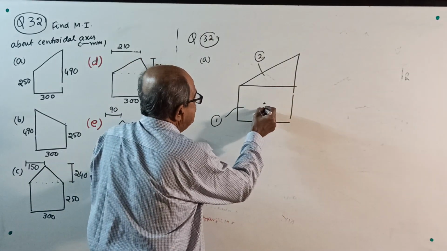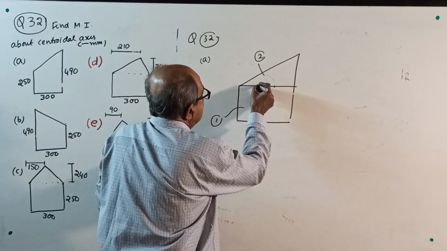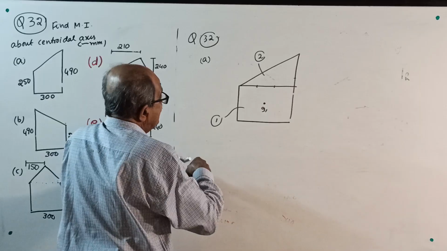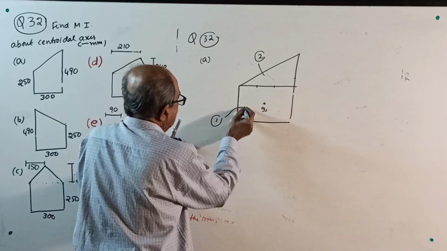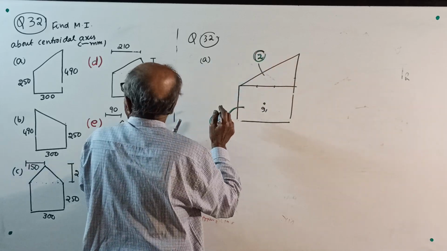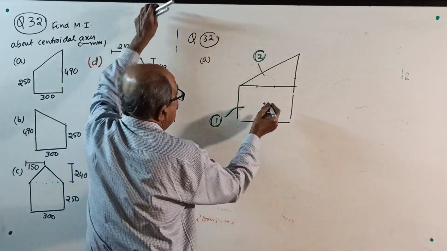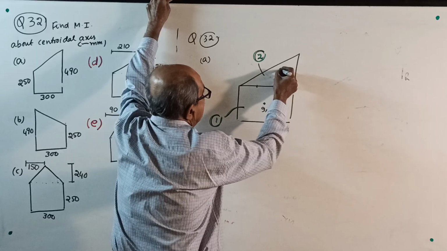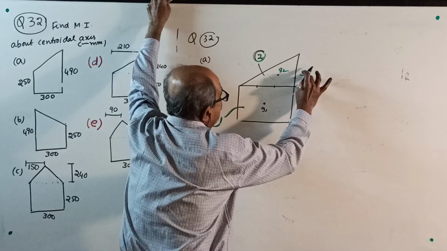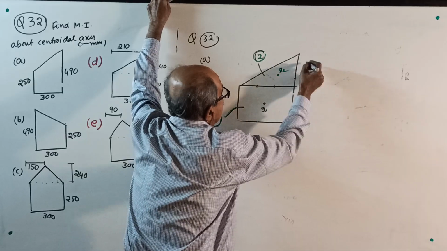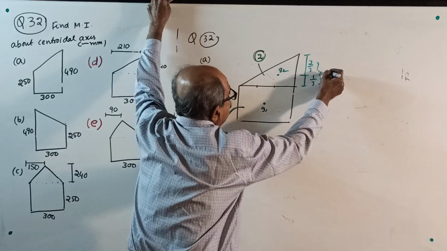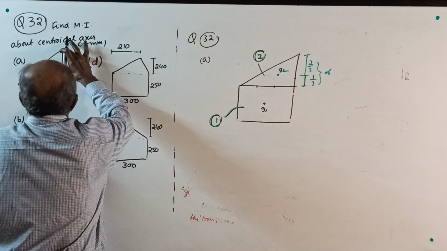Centroid here, G1. Individual centroids. Part 1, part 2. G1, G2. Then 1 by 3, 2 by 3 of what? Of this height.